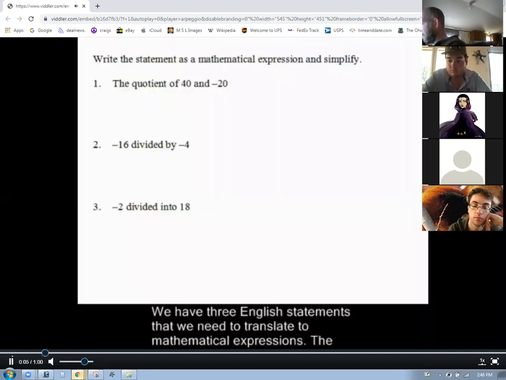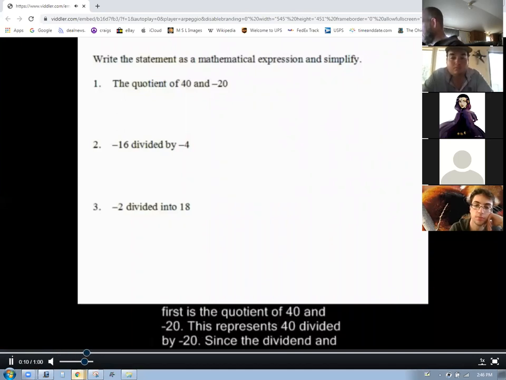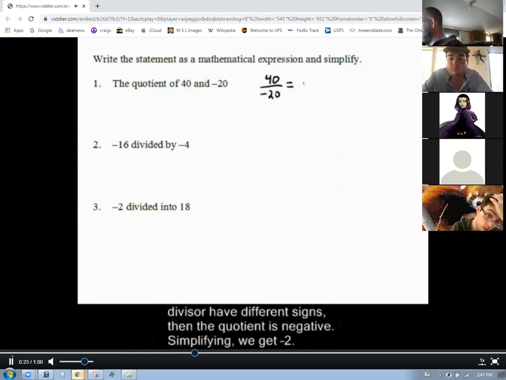In this video, we have 3 English statements that we need to translate to mathematical expressions. The first is the quotient of 40 and -20. This represents 40 divided by -20. Since the dividend and divisor have different signs, then the quotient is negative. Simplifying, we get -2.